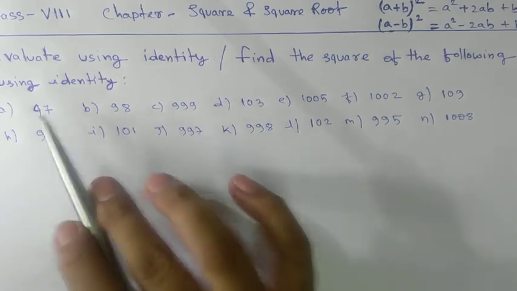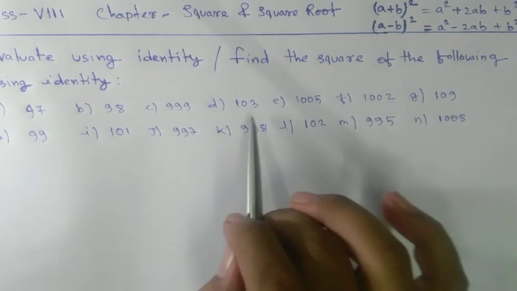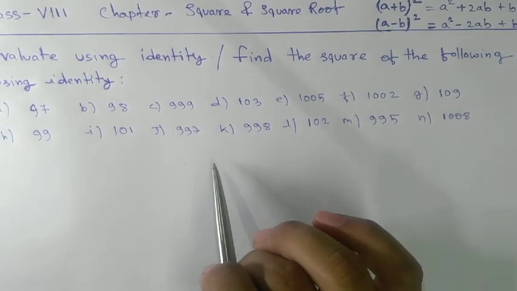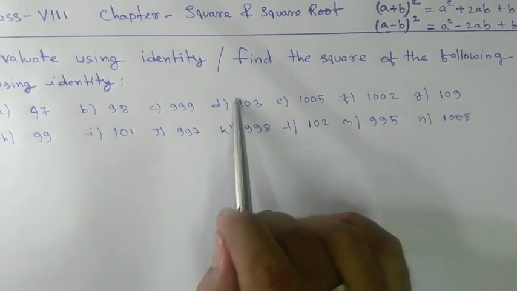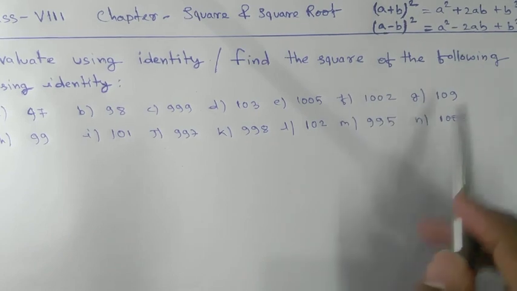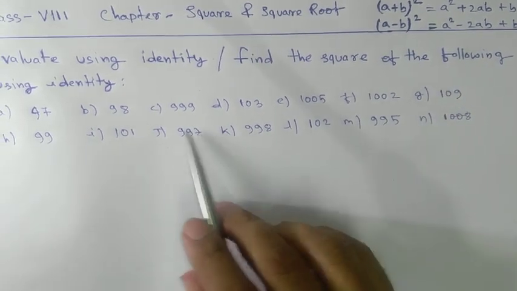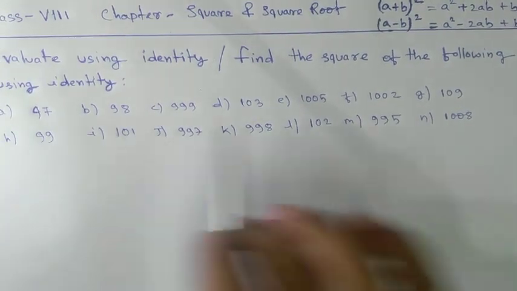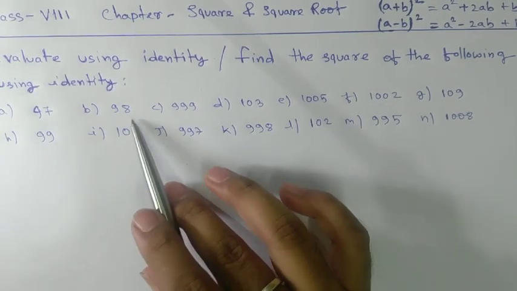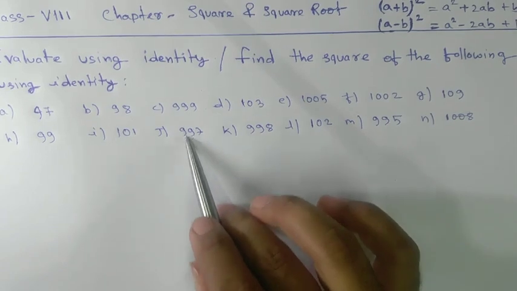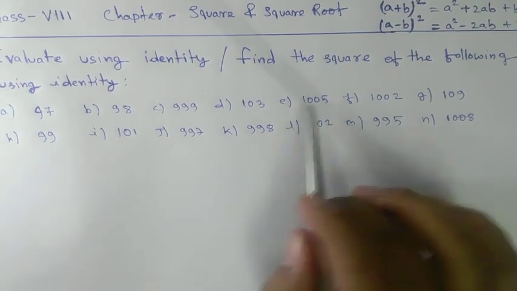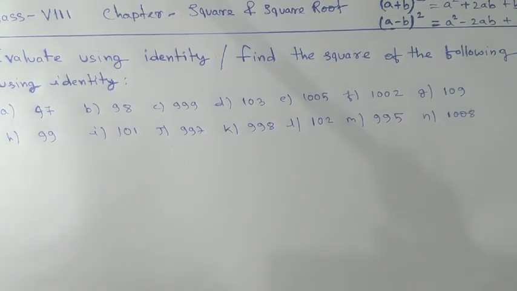Here we have the problems, and you can see that each problem has quite a similarity between them. What type of things, sir? Look at 98, 99, 100, 103, 105, 102, 108, 109. Say I'm choosing the number 100 or 99, 98, 999, 997, all are near 100 or 1000 or 10,000, like that.